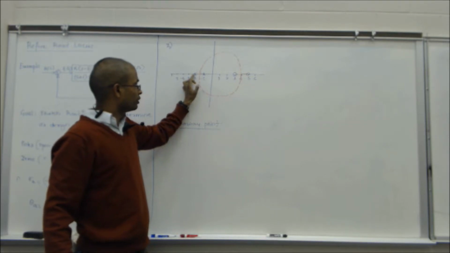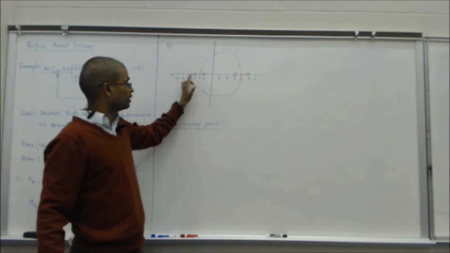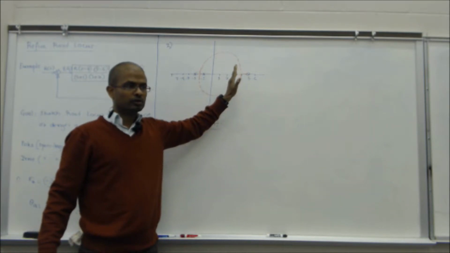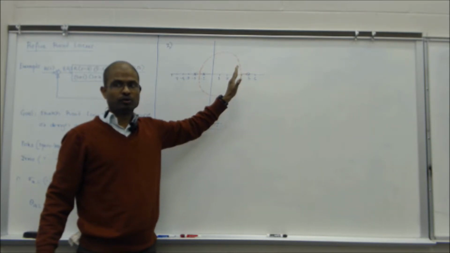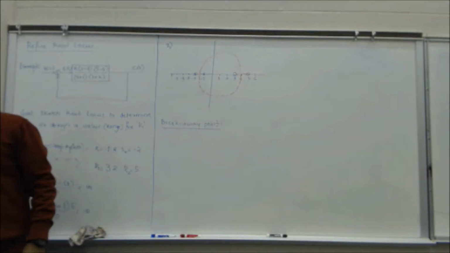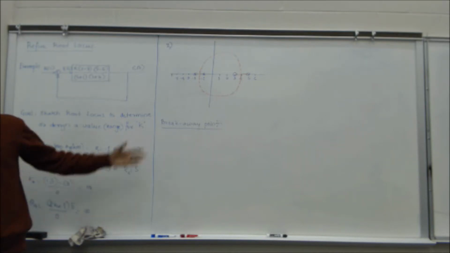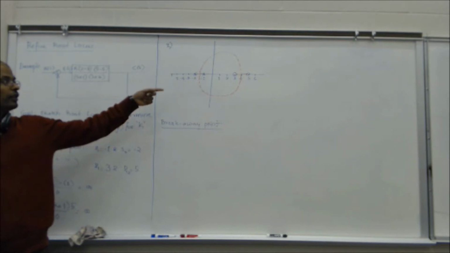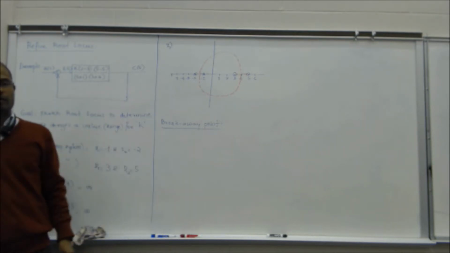Now again, root locus will not exist in this part because there are an even number of zeros and poles. That is the third one. The fourth one is root locus starts at finite and ends at finite or infinite. That we already are seeing here, right? It is starting at a finite pole and ending at a finite zero.